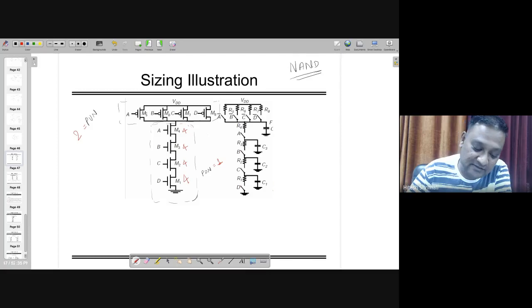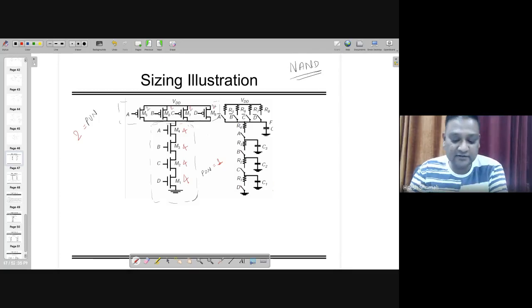So in that case, what value of M5, M6, M7, and M8 are required? Sir, 2. Right? Because 2 are coming in parallel.